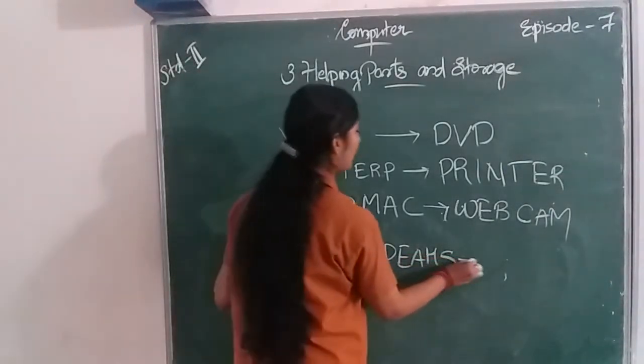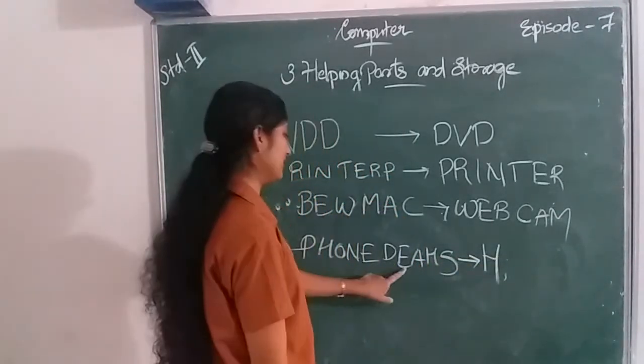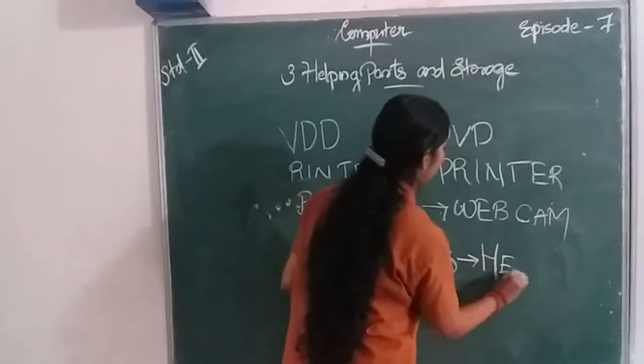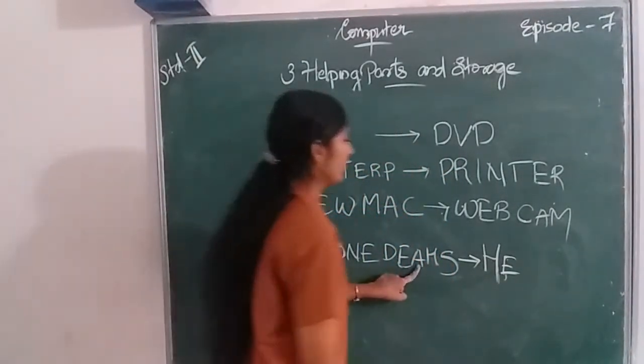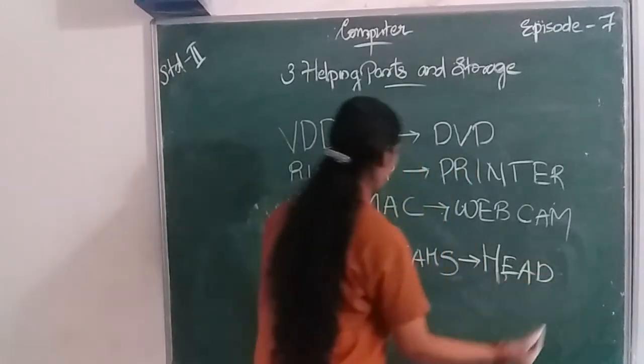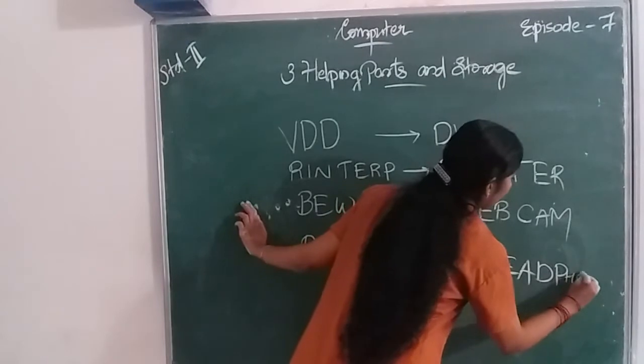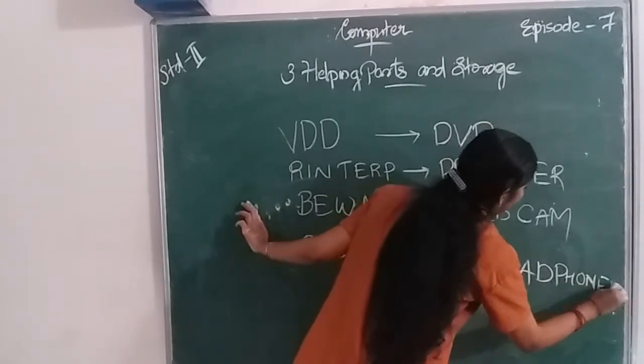So what is the spelling of headphones? First H, then E, then A, then D, headphones. PHONE. Then finally, yes.